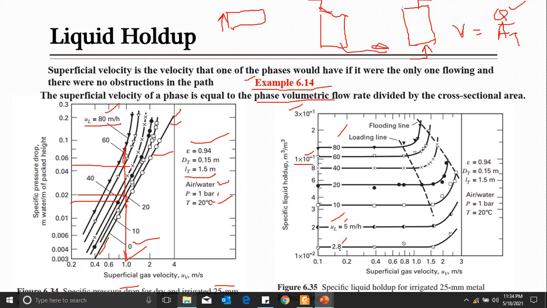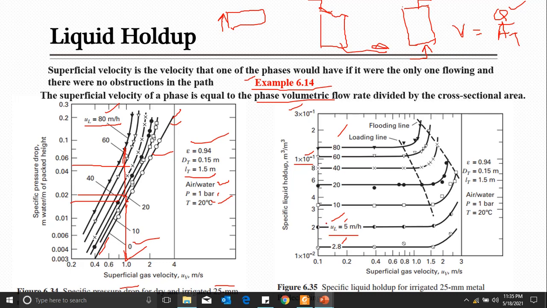So here, when you increase the superficial gas velocity, you can see totally horizontal lines on the y-axis, because we have the liquid hold up, for any specific liquid flow rate, which gives you the superficial liquid velocity.